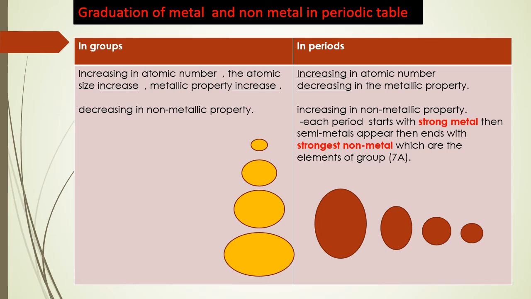As we move from left to right, each period starts with a strong metal, then it disappears, and a semi-metal appears and disappears, and then the strongest non-metal appears, which is 7A. So, to summarize, in the group, atomic number increases, atomic size increases, metallic property increases, and non-metallic property decreases. In period, atomic number increases, atomic size decreases, metallic property decreases, and non-metallic property increases.